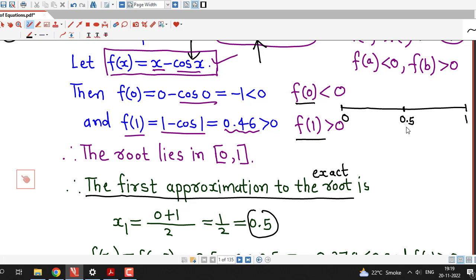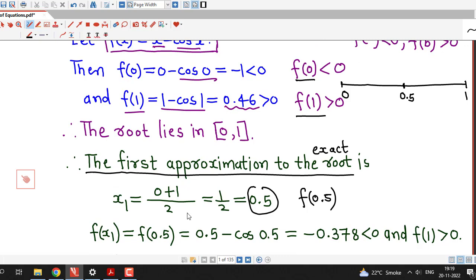Now we evaluate the function f at 0.5. We find that f(0.5) turns out to be minus 0.378, that is, negative. f(0) is negative and f(1) is positive, and f(0.5) is negative, and 0.5 is the average of 0 and 1.